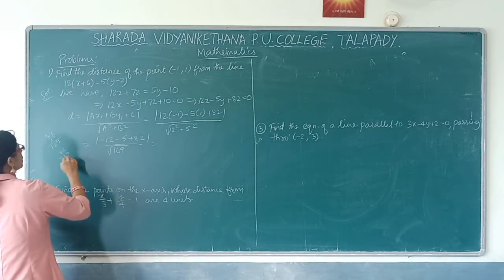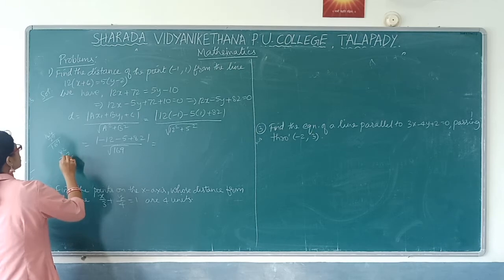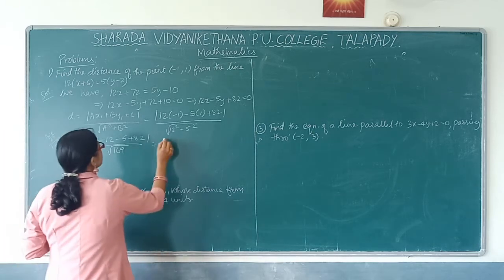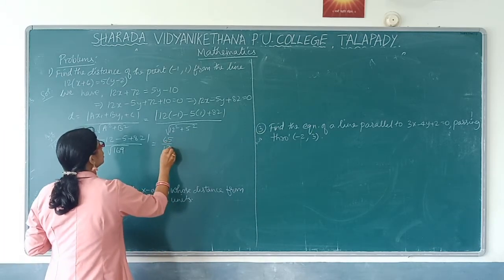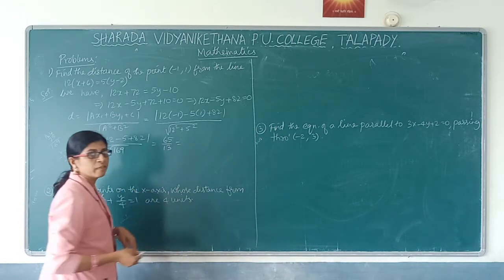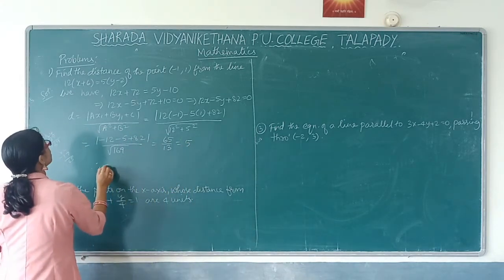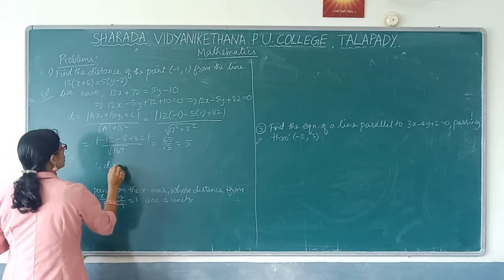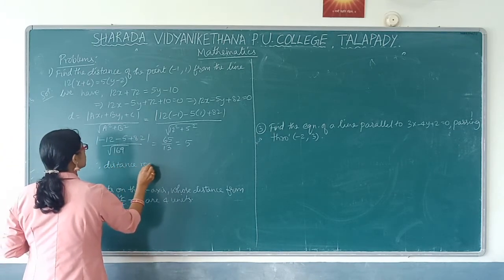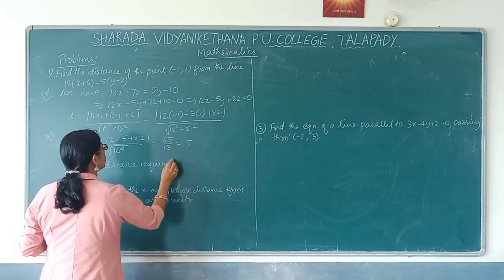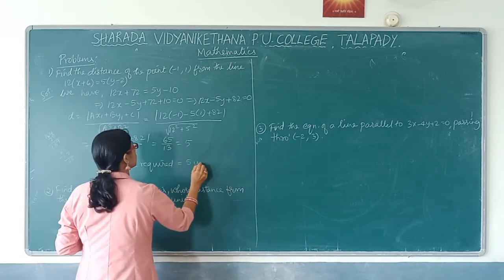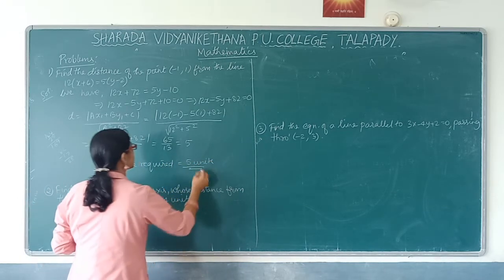How much is this? 65. So it is 65 by 13. You know that 65 is a multiple of 13. So answer is 5. So distance required is equal to 5 units. So that is your first answer.